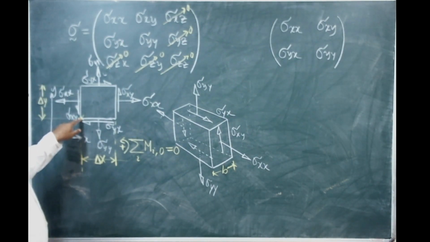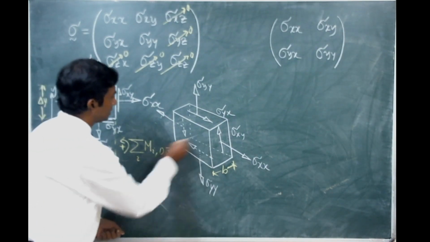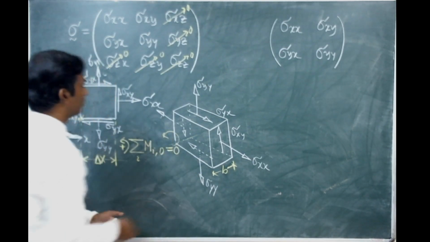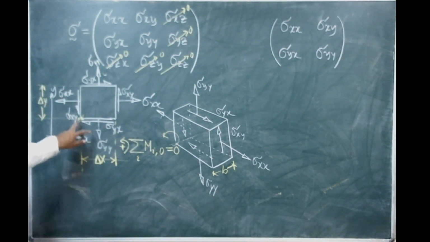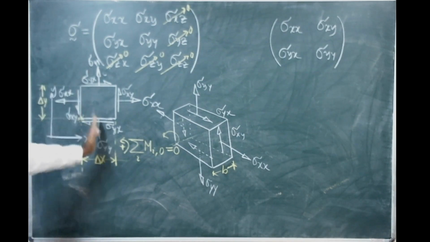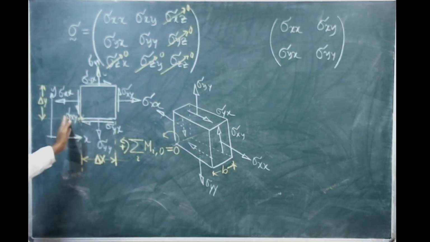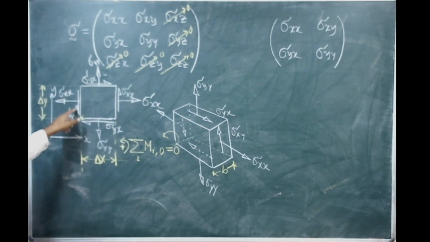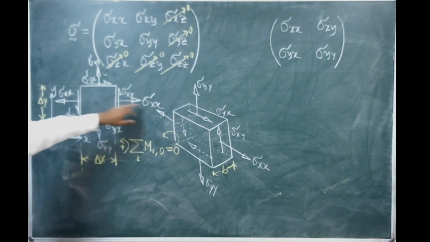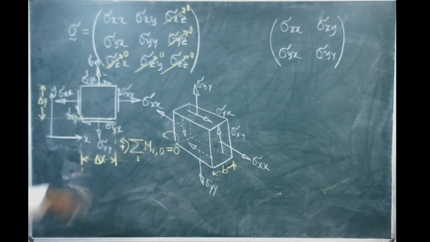About this point, that means about the z axis, we see that sigma yy and this sigma yy are acting in the same line, so they cancel each other and do not have any contribution. These two stresses pass through the point, so they do not have any contribution. Same thing is true for sigma xx. Only two are left.